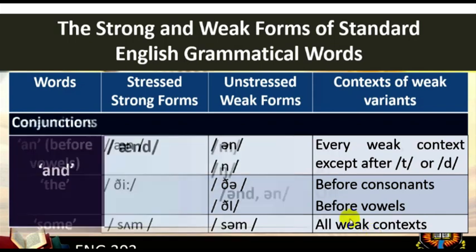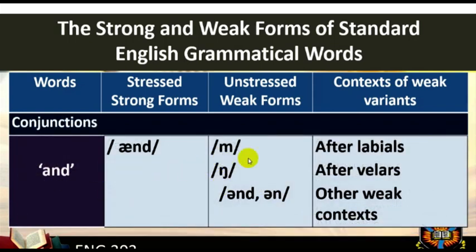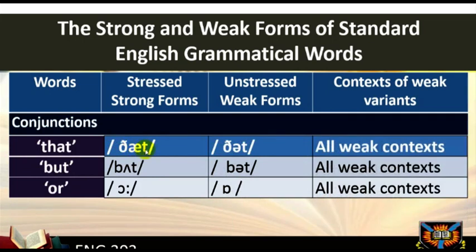Conjunctions: and, that, but, or. And: after labials, after velars, other weak contexts. That, all weak contexts. But, all weak contexts.